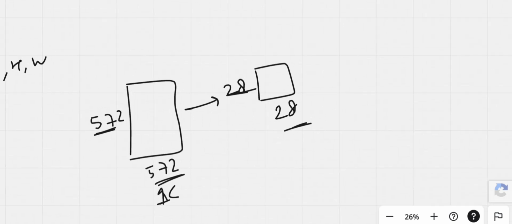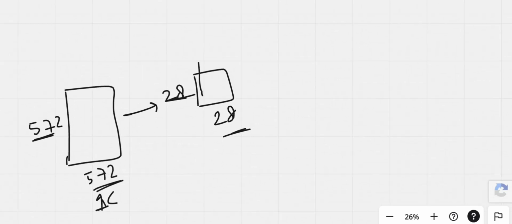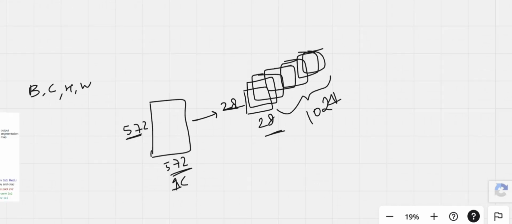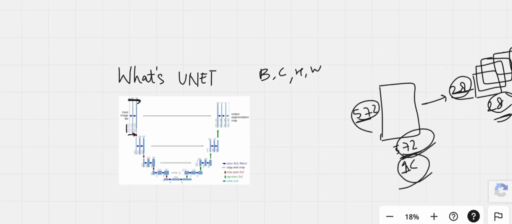The one channel, in the sense of the number of features, is one feature. The channels get increased, let's say to 1024. So this is the case: the spatial dimensions got decreased from 572 to 28, and the number of channels got increased.